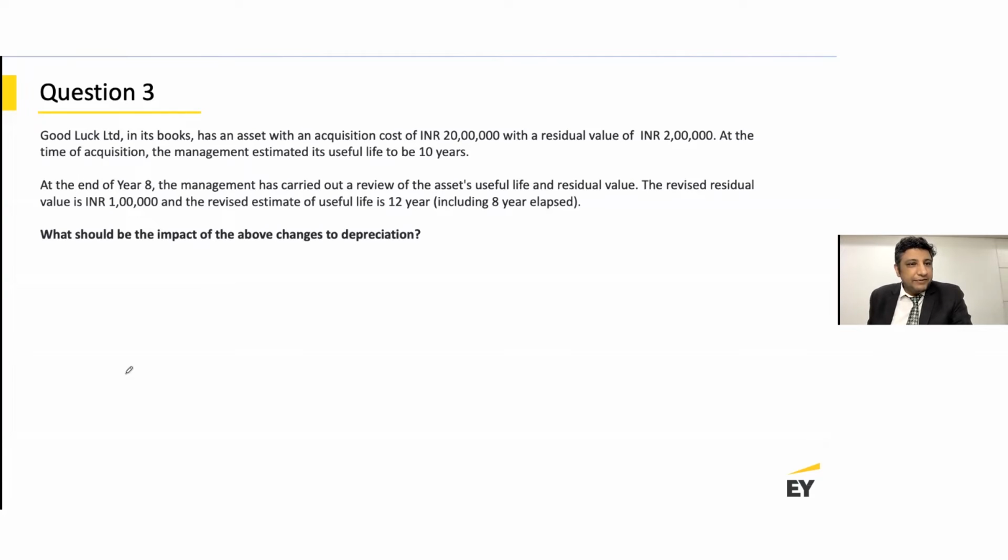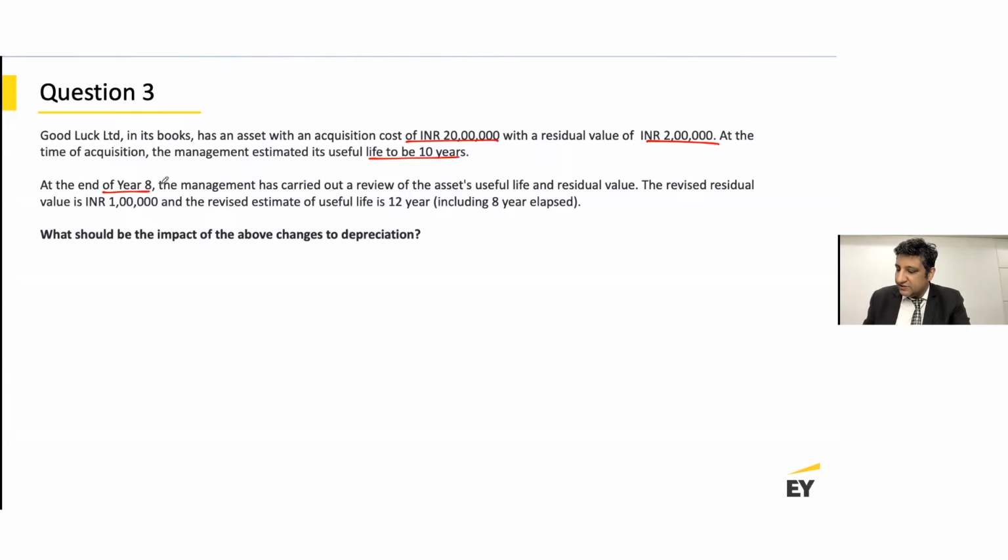Right? We have been provided the information which says that Good Luck Limited in its books has an asset with an acquisition cost of 20 lakh rupees with a residual value of 2 lakh rupees. At the time of acquisition, the management estimated its useful life to be 10 years. At the end of year 8, the management has carried out a review of the asset's useful life and residual value.